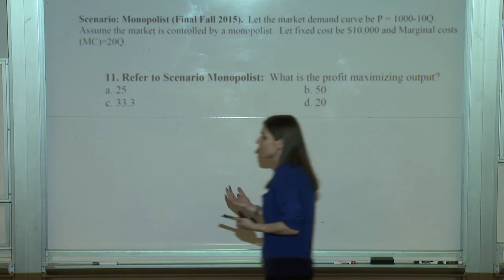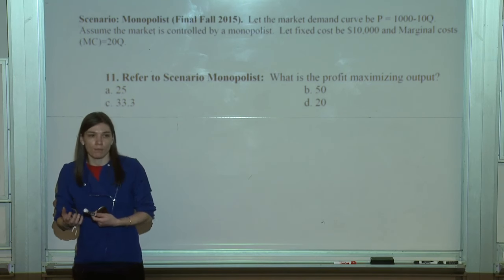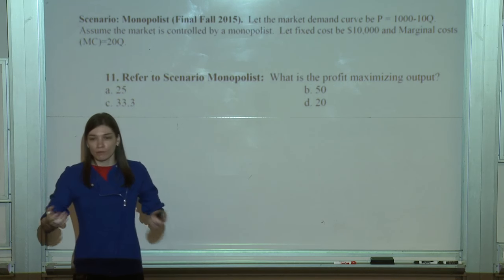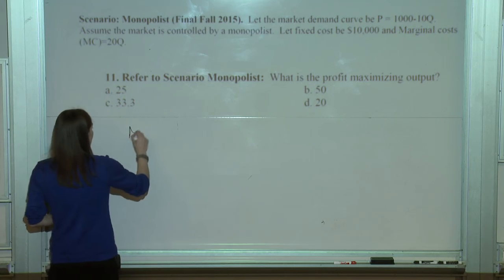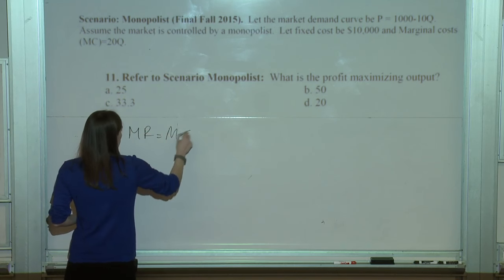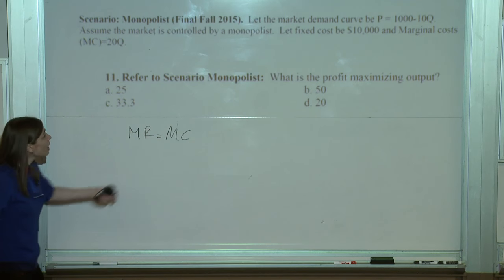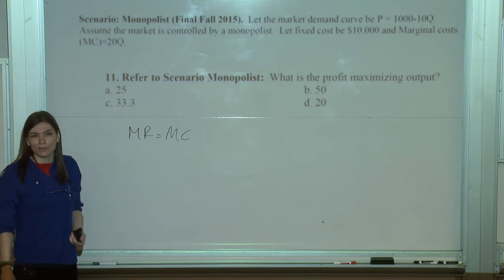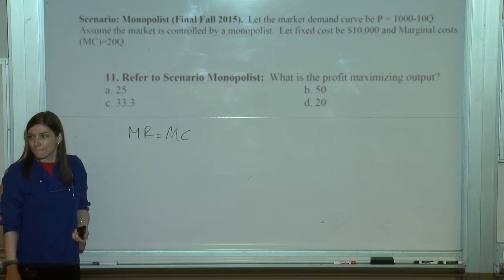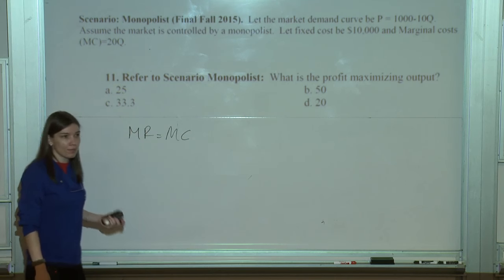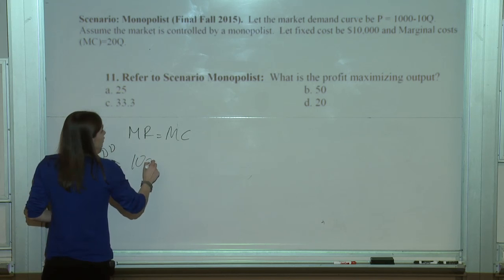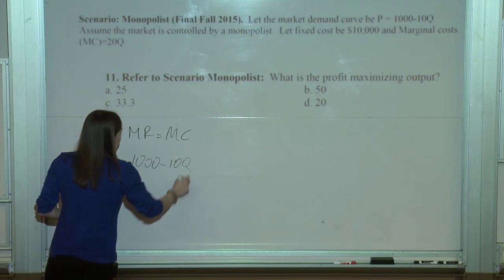All right. What do I know about the profit maximizing output? Where does it happen? Marginal revenue equals marginal cost, right? Well, I have the marginal cost, it's 20Q. But what's marginal revenue? I'm not given that formula, but I do know that the demand curve is 1,000 minus 10Q.